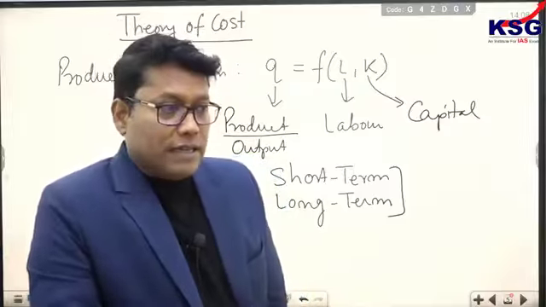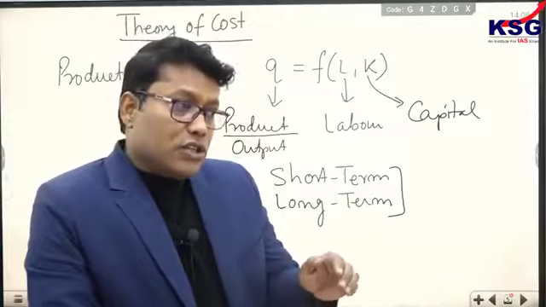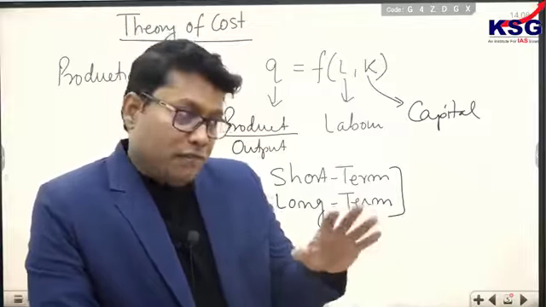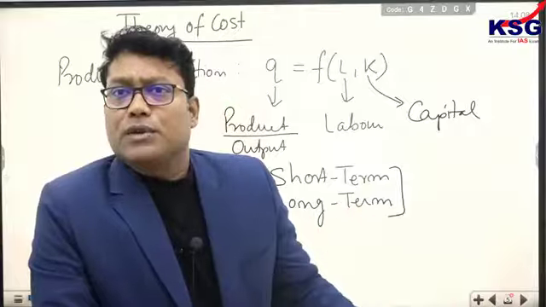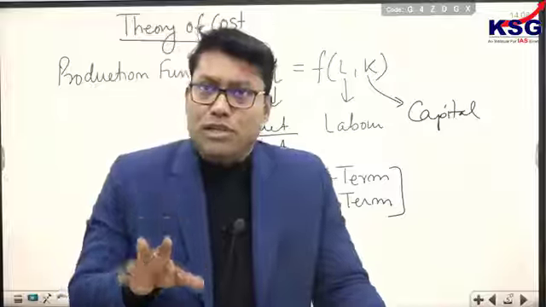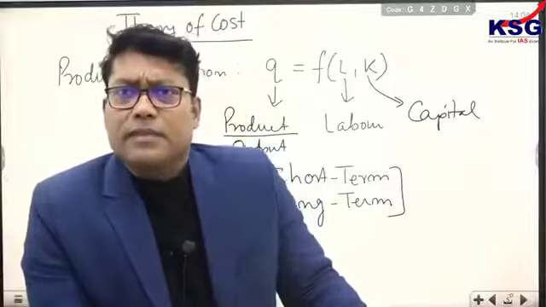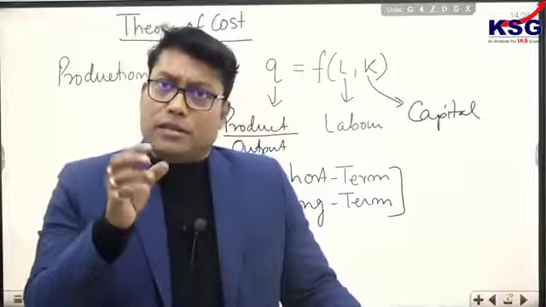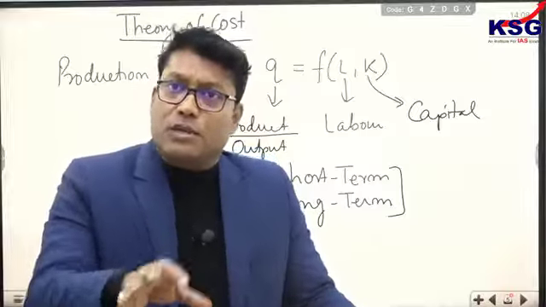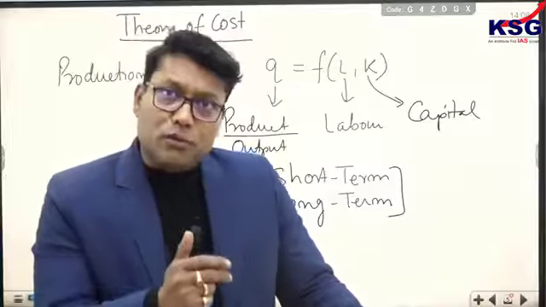Now see what happens. Suppose there are some factors you can change even for one. It's fixed in nature, but the minimum time you take is 1 week. Suppose your production unit is nearby Kolkata, and the machine you are using is available in Kolkata, and you decided, I have to increase output.